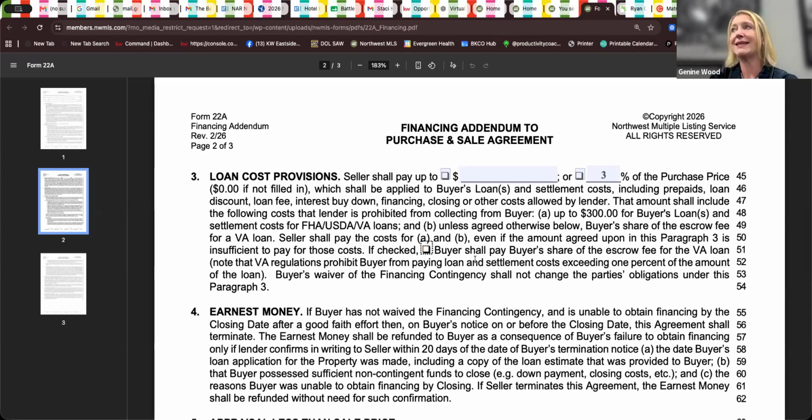The seller says, I want to net this, and they netted this. Because there was no explanation and no counteroffers, the broker had to absorb those costs for the seller. So be very careful of that.